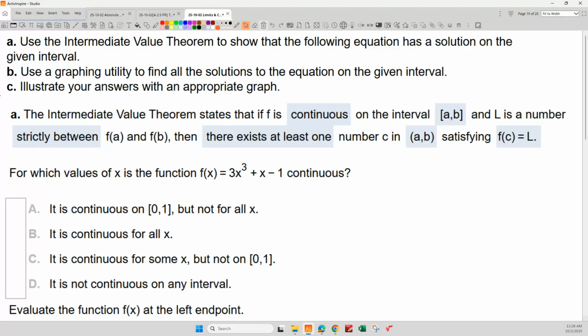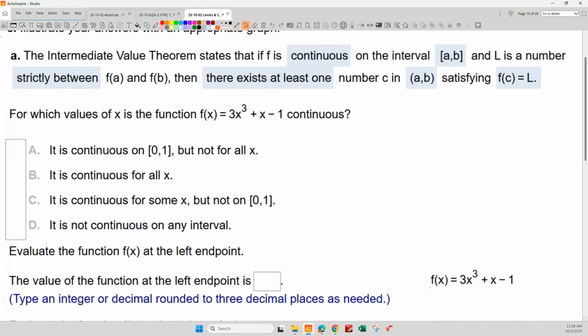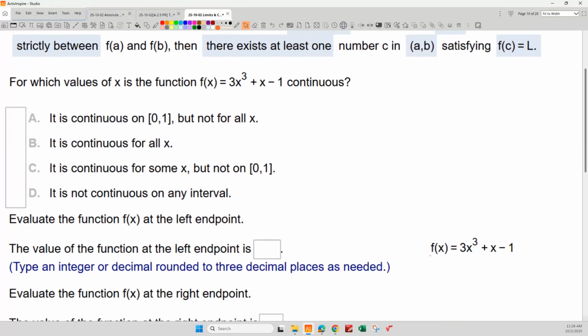That's IVT. Okay. So first of all, let's determine if we meet these conditions. For which values of x is the function continuous? Why do you immediately know that?